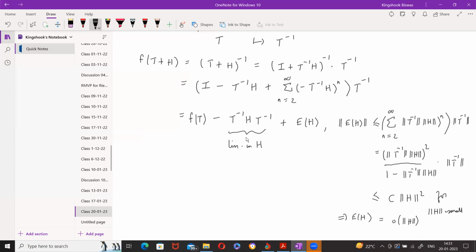And so we get that F is differentiable and the derivative dF at operator T goes from L(E) to L(E).